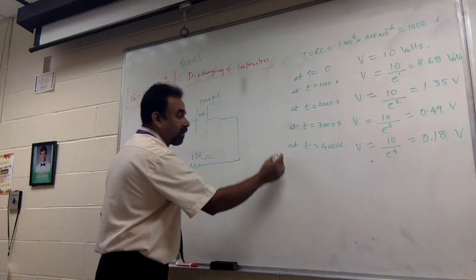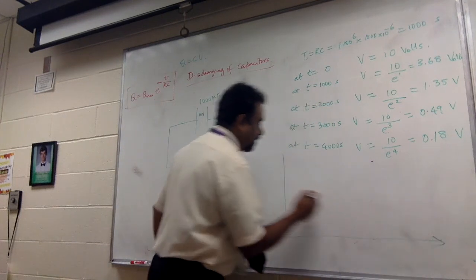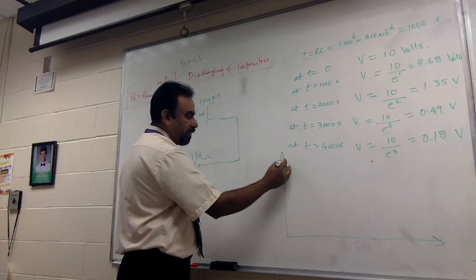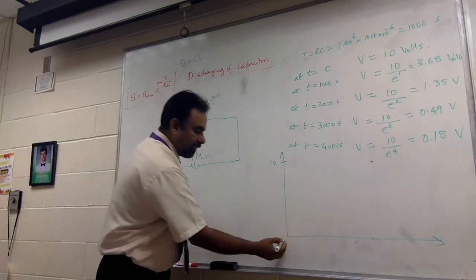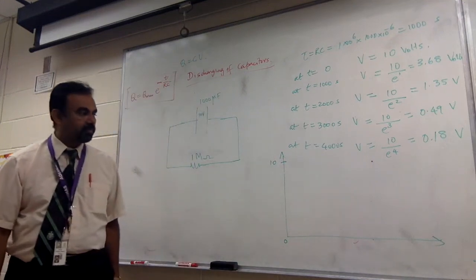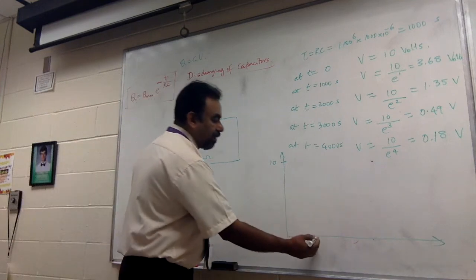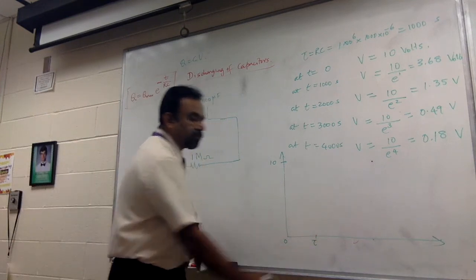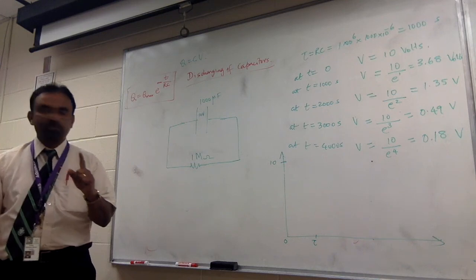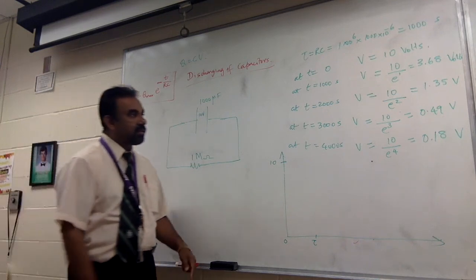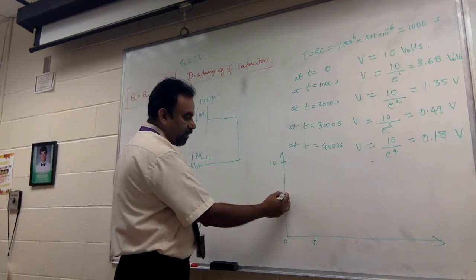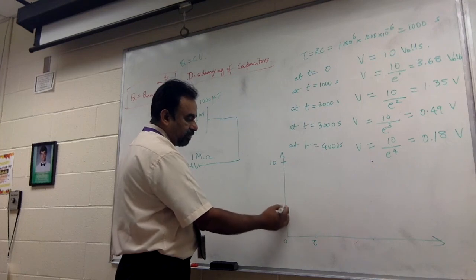Now if you sketch that on a graph, you'll get the actual shape of the graph. Now that is 10 and that is 0. After one tau, which is 1000 seconds, the voltage comes down to 3.68.